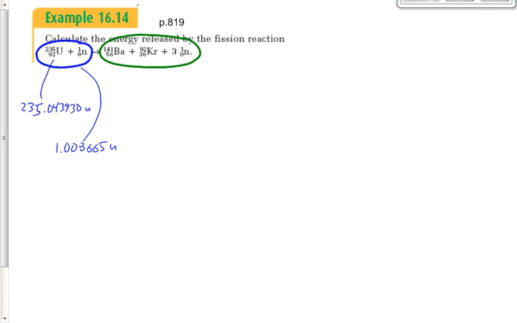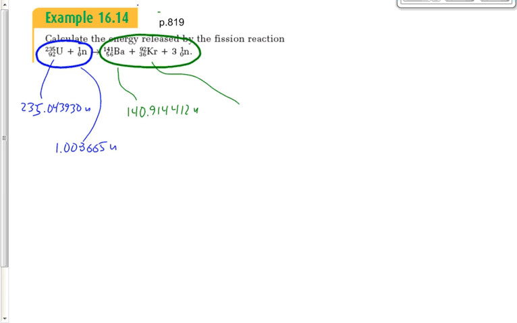Now, that's the mass of each of the parent nuclei, each of the reactants, if you want to call it that. Let's look at the products here. What's on the right-hand side? We need barium-141, Nick. 140.914412 atomic mass units again.